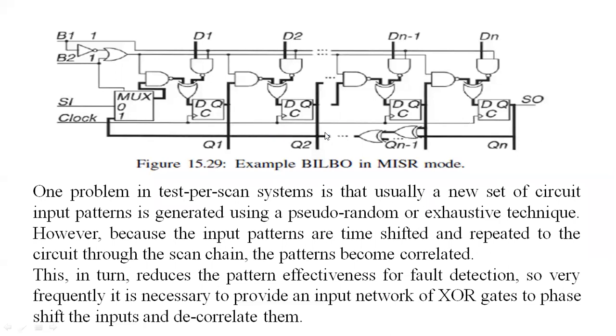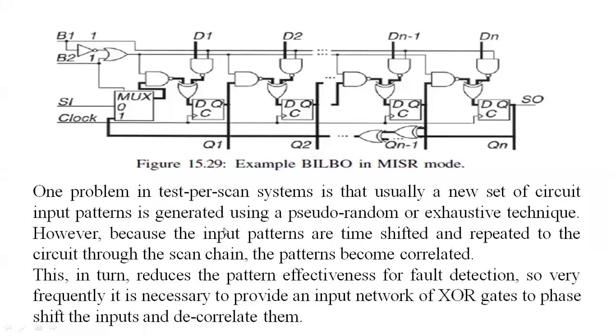It performs both operations: a shift operation as well as a scan mode operation for the applied input data. It gives output responses for the whole sequence of outputs, Q0, Q1, up to Qn. So that's the difference: when you have 1 and 1, it performs MISR mode operation.